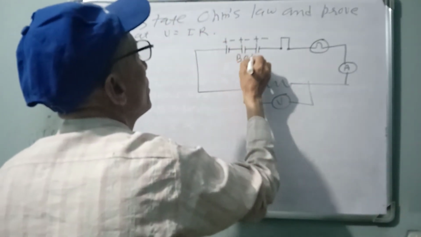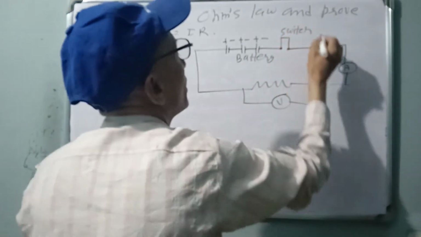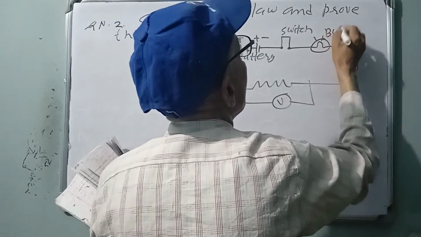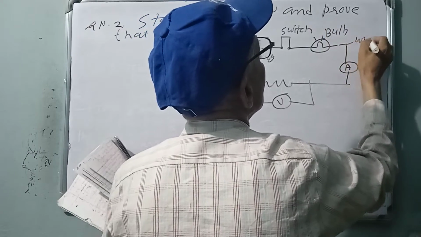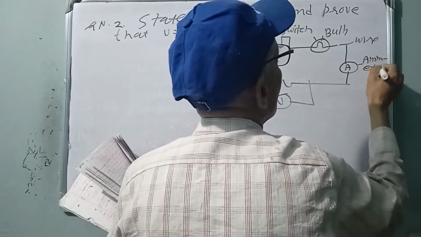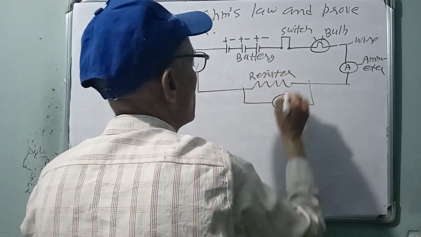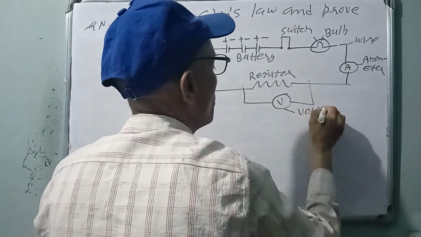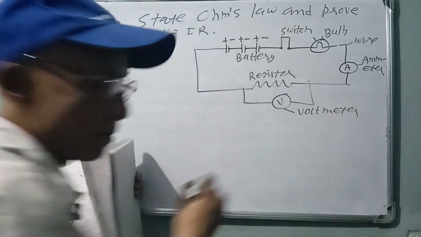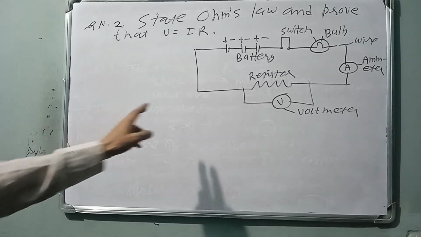Battery. It is a battery. It is a switch. It is a bulb. It is wire. A is for ammeter. This is a resistor. This is a voltmeter. I have drawn the circuit diagram of a closed circuit.